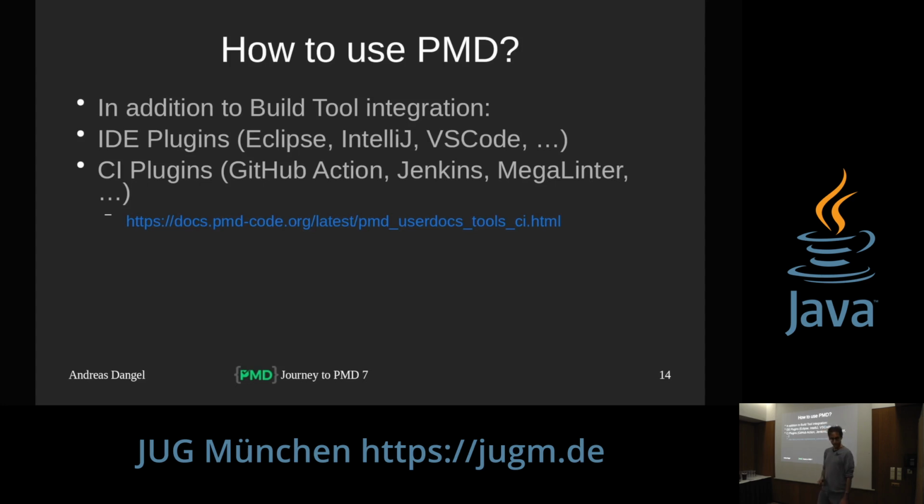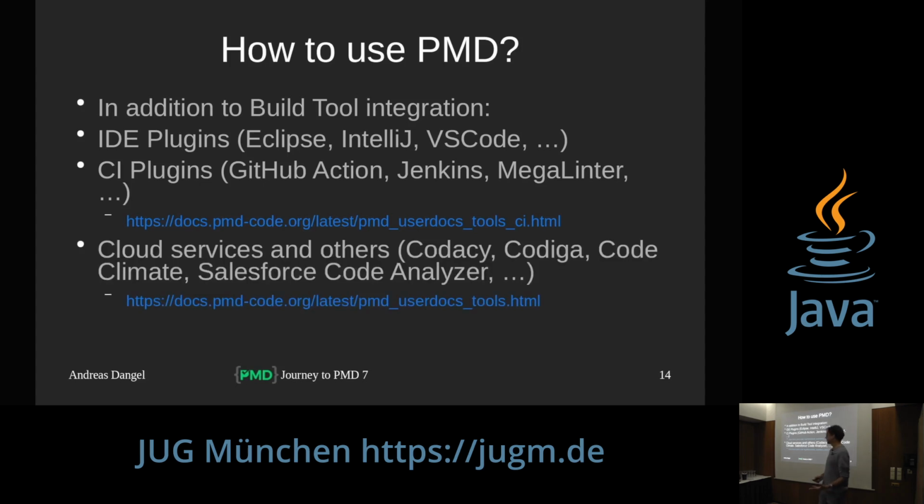There's a GitHub action, and there are cloud services. These usually promise that they do an automatic code review, and often these are GitHub apps that you can install in your repository. GitHub apps usually are executed when a new pull request is created, and they comment on the pull request, and under the hood they often also use PMD. So there are a couple of services that actually use PMD.